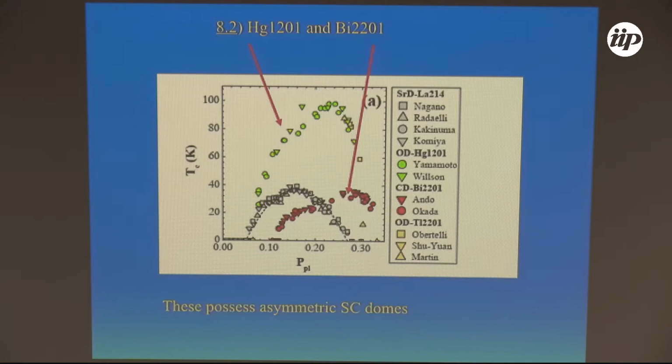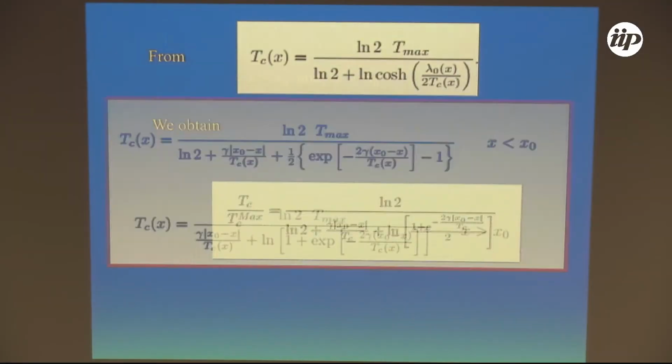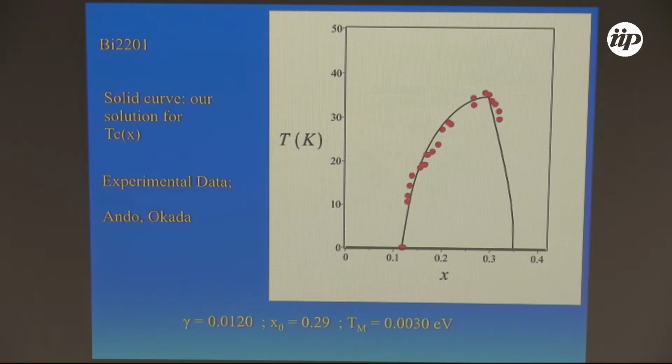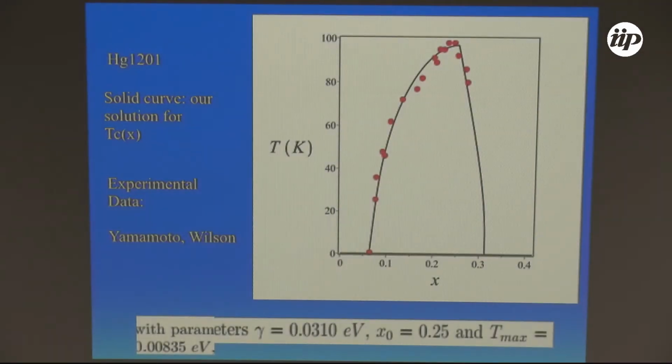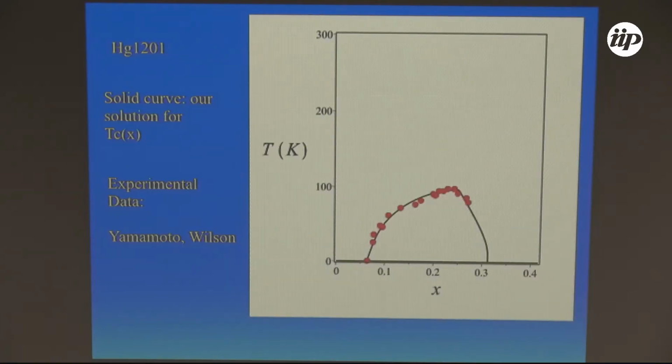I don't have a choice to adjust it, so it's not a fitting parameter. Just G is adjusted. So this is for mercury. And this is on a scale of 100 Kelvin, and here on a scale of 300 Kelvin, so it's quite good.